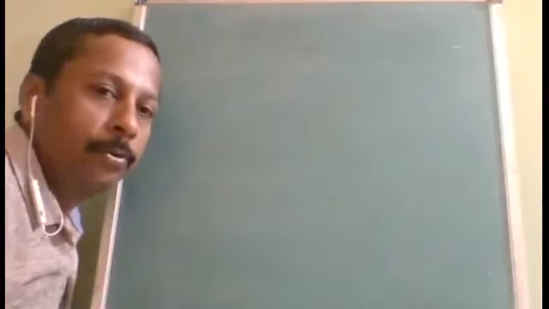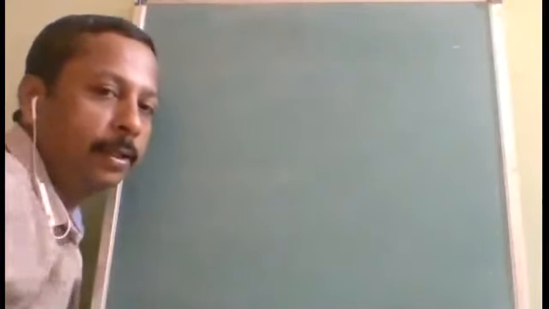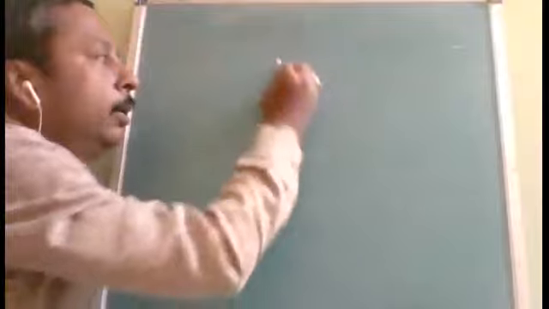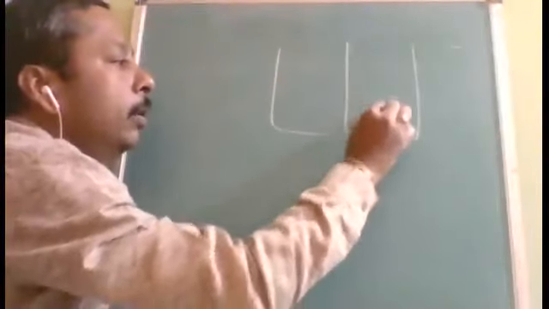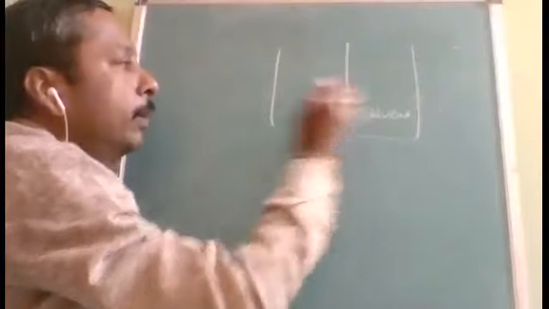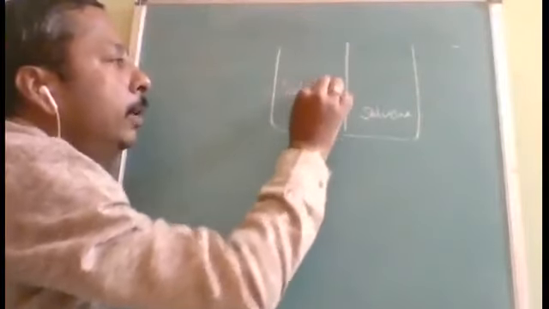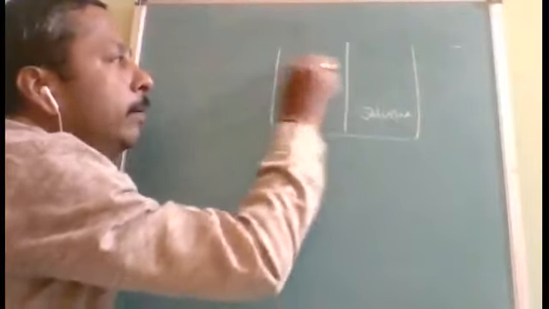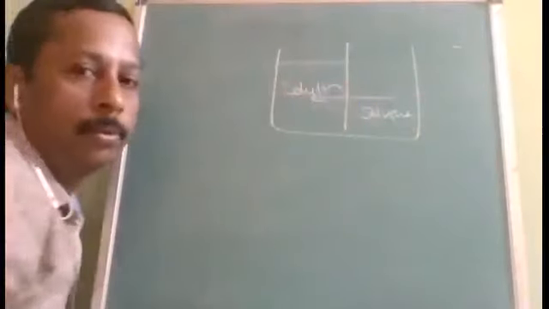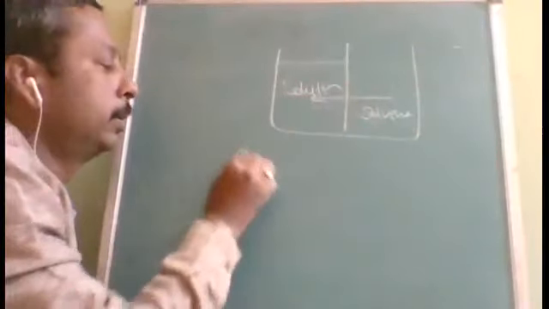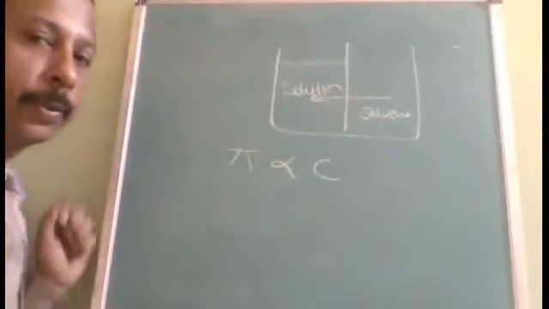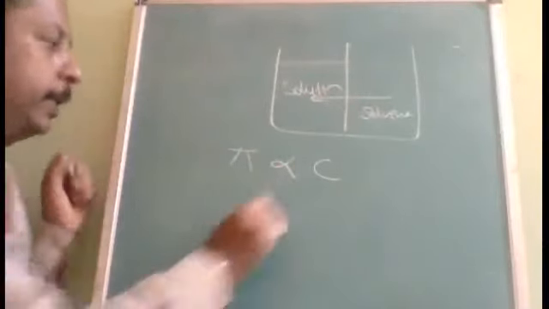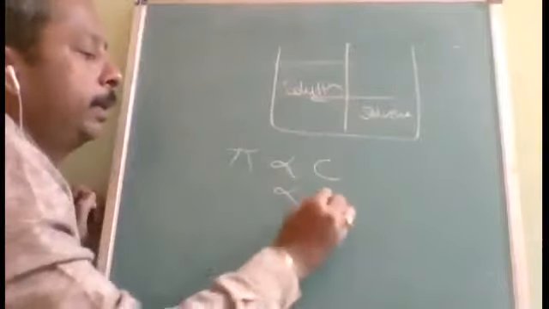Now, to measure the osmotic pressure, normally we will take only solvent here and solution over here. The higher the difference, the higher will be the flow. So osmotic pressure is directly proportional to concentration. And the higher the temperature, the higher will be the speed.